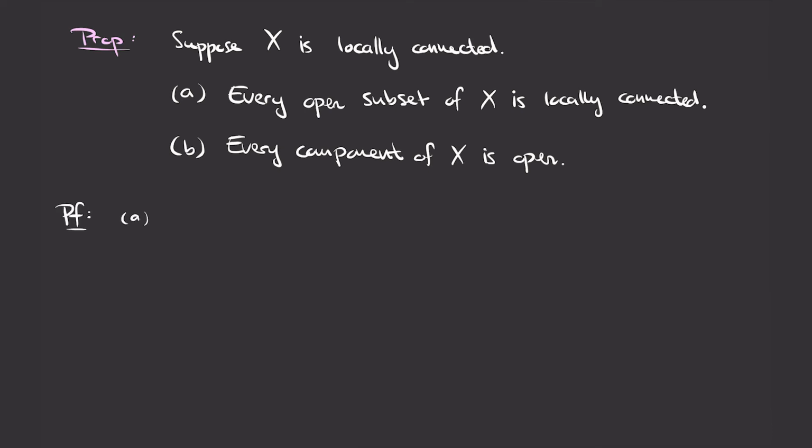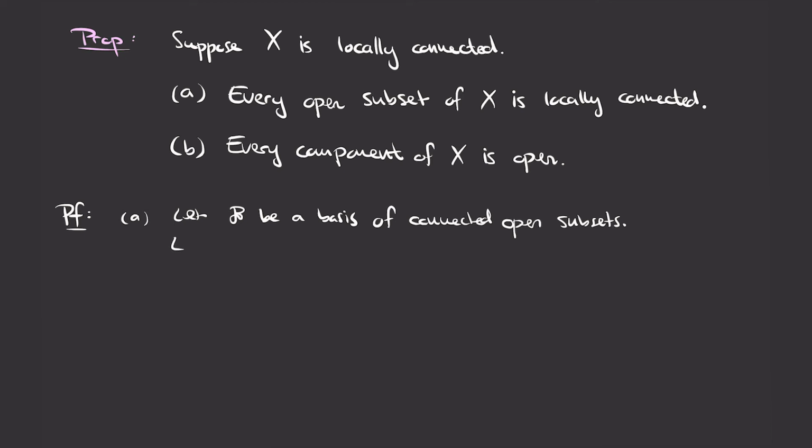For the first one, since X is locally connected, it has a basis of connected open subsets. So we let B be a basis of connected open subsets.